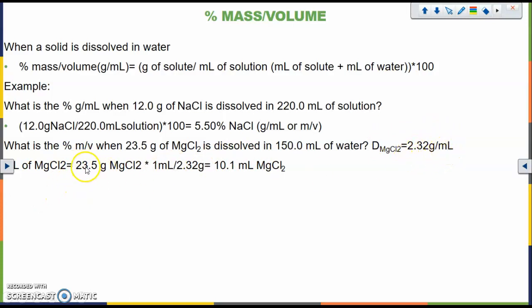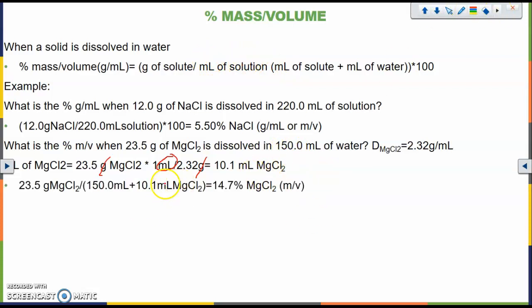So we take 22.5 grams magnesium chloride times 1 mil on top over 2.32 grams. The reason the grams is on the bottom is you want to cancel the grams and end up with mils. And that's what we get, 10.1 mils of magnesium chloride. So now we have mils of solute, and we can figure out the total volume of the solution, which is 150 plus 10.1.